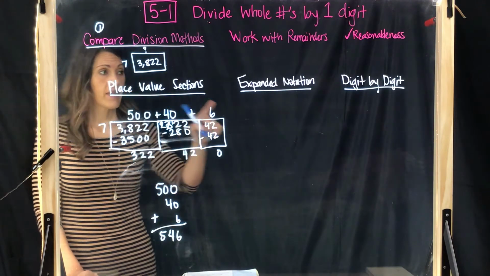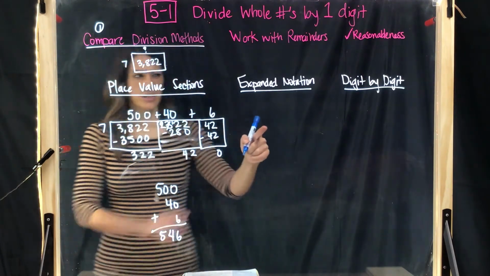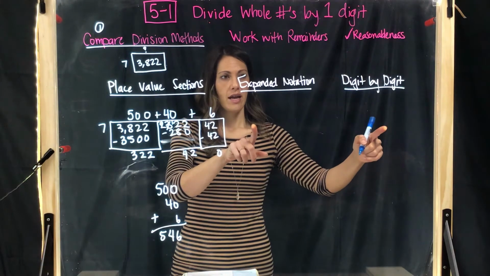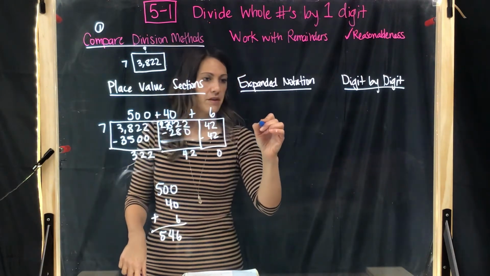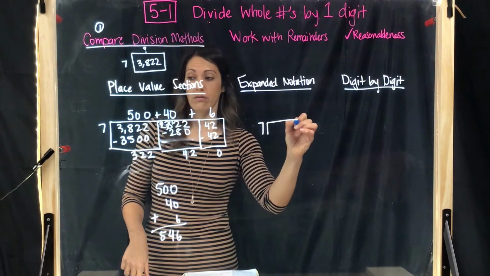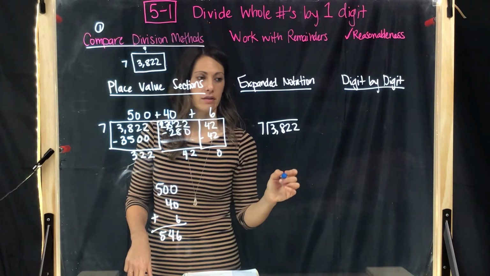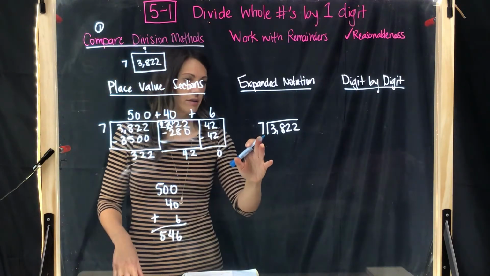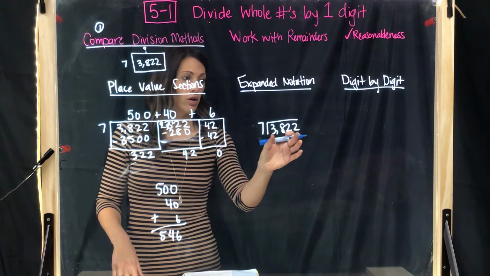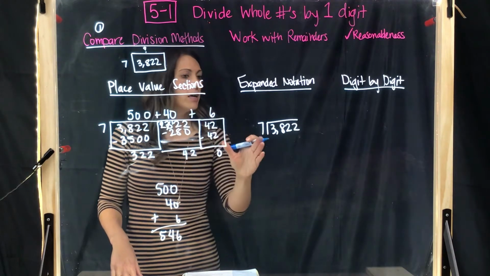Okay, let's try that with expanded notation. Expanded notation is very similar to digit by digit, and this one is kind of like an in-between, okay? So I'm going to set up the division problem the way you're used to setting it up, with this division box. And I'm going to see how many times 7, the divisor, goes into 3,822, the dividend.